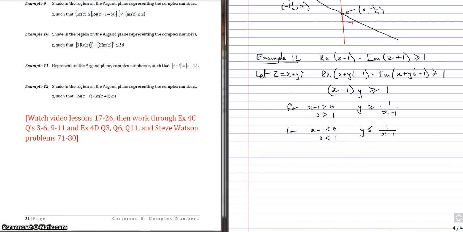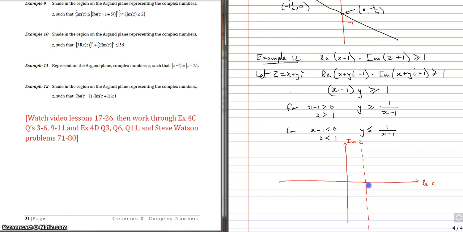So if we just sketch our plane, we know this is a hyperbola and it's going to have a vertical asymptote at x equals 1. Okay, so it's just the regular hyperbola, just translated 1 unit to the right.